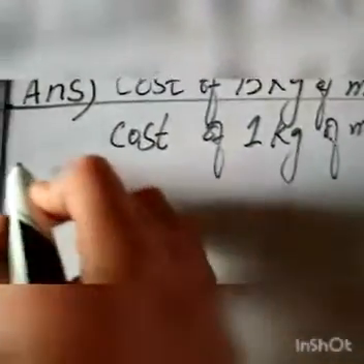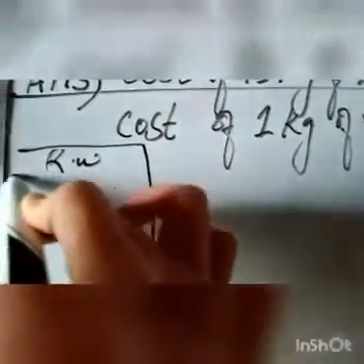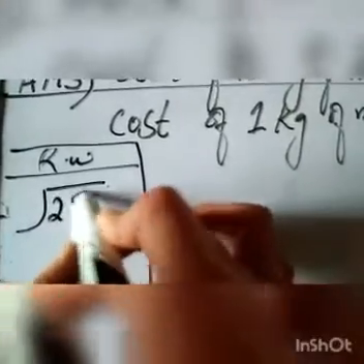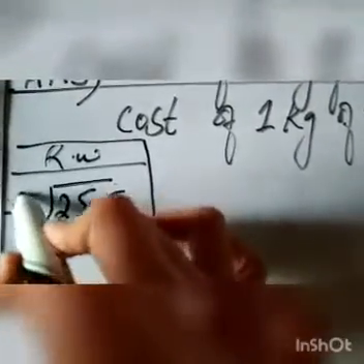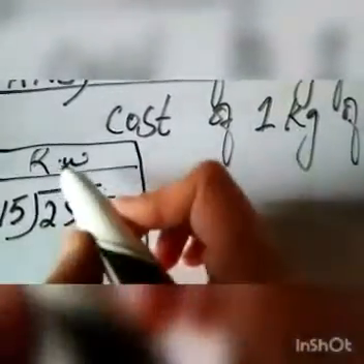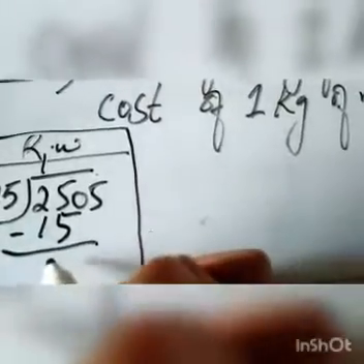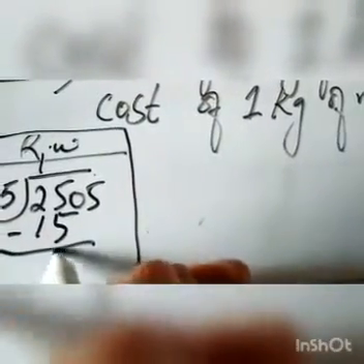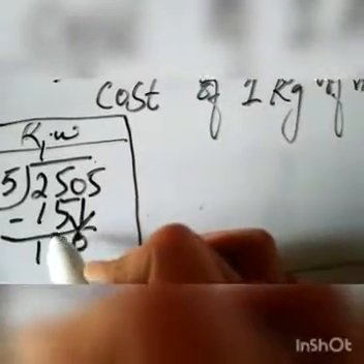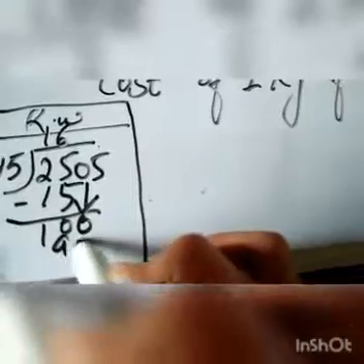You can see the division in our rough work. 2505 is our dividend and 15 is our divisor. 15 1 times is equal to 15. Now subtract 15 from 25, that is equal to 10. Bring down 0 to make 100. Now 15 6 times is equal to 90.